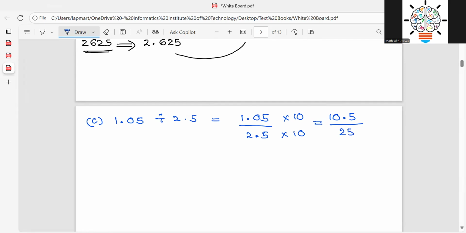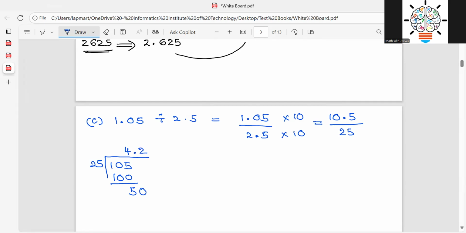Okay. So 10.5 divided by 25. So then here 105, right? 105 you divide by 25. 25 times 4, 100 and 5 remainder. You take the 0 and put the decimal.